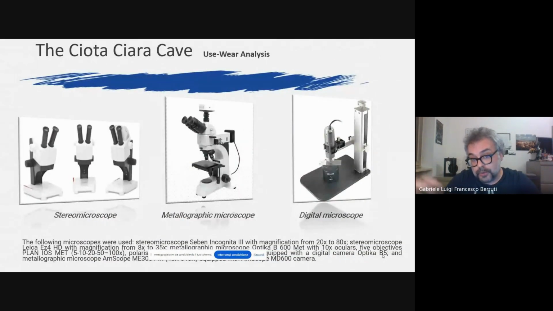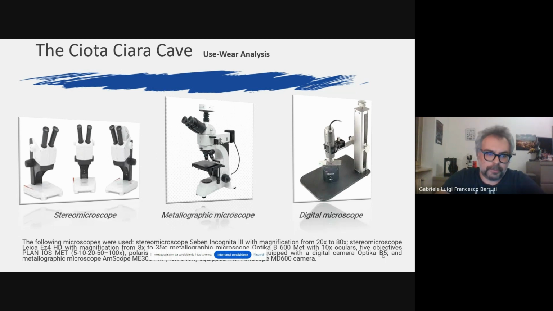Now I explain my work. Two words about use-wear analysis. For the use-wear analysis, we use microscopes to see the traces on the edge of the instrument, and for this study I used three different microscopes: a stereo microscope with an enlargement between 8 and 35x, a metallographic microscope with an enlargement between 16 and 500x, and also a digital microscope.